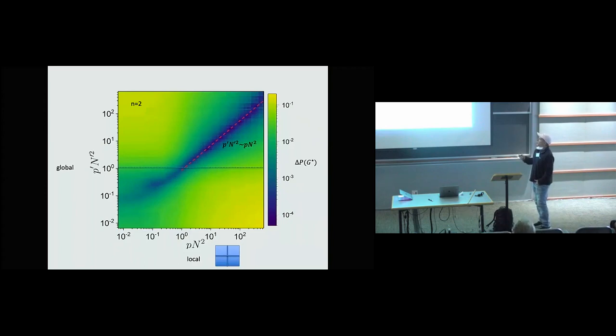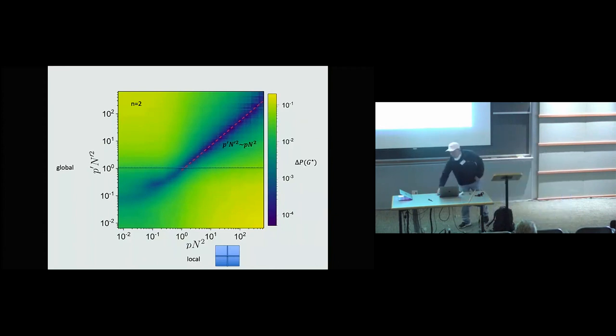Here I'm breaking up the system into 2 by 2, so 4 boxes. Those systems are still pretty big, so I still get a small difference between the distributions when P prime n prime squared equals P n squared, where P prime and n prime were determined from the global system, and the P and the n were determined when I broke it up into local subsystems.